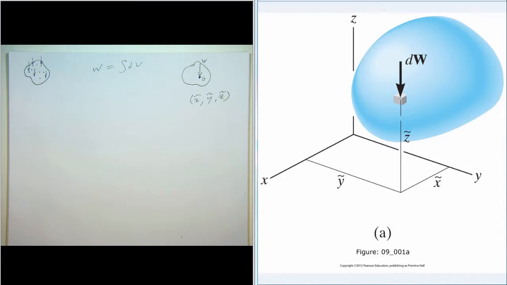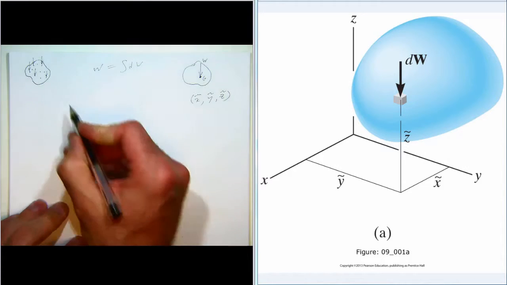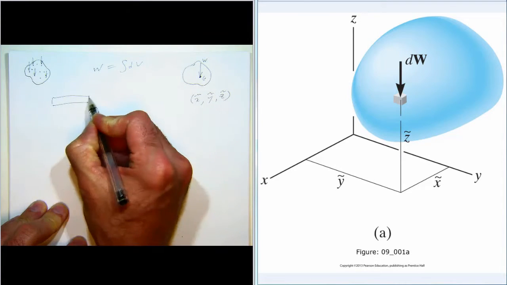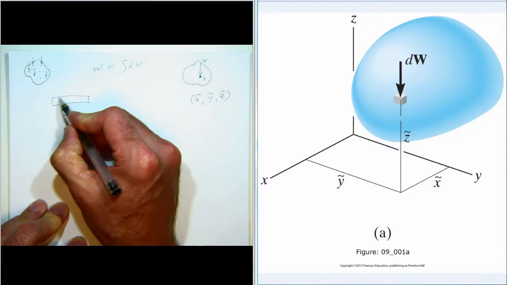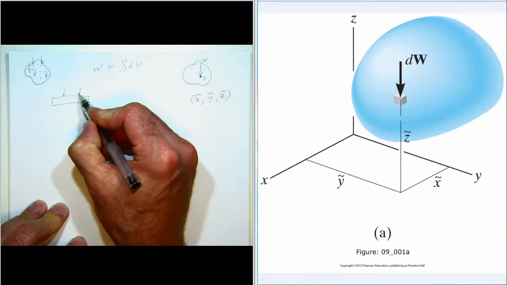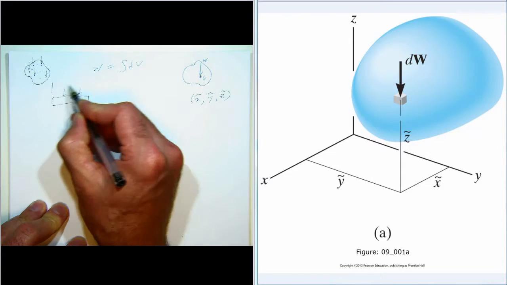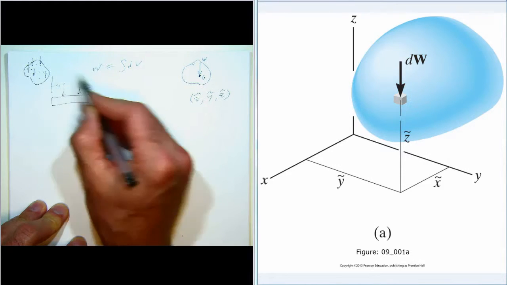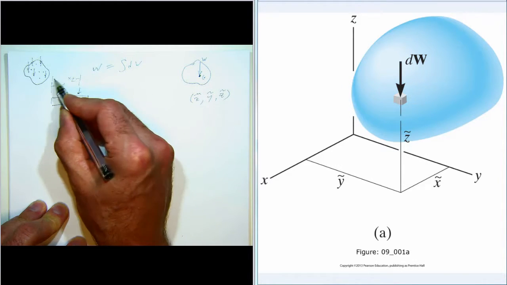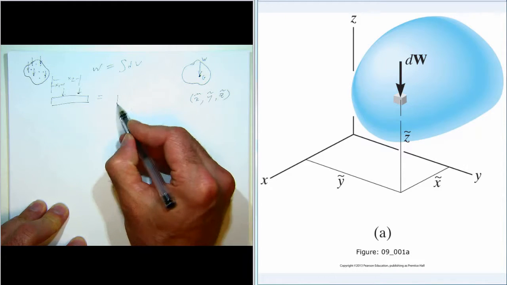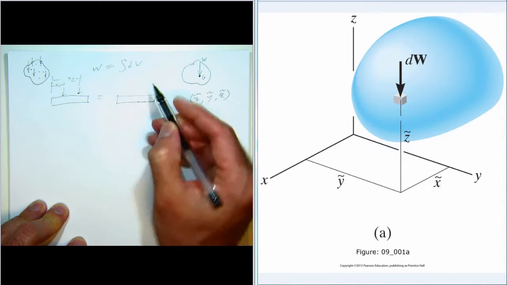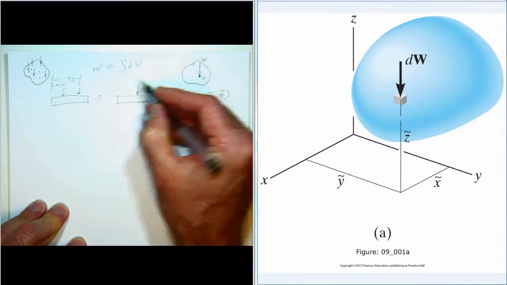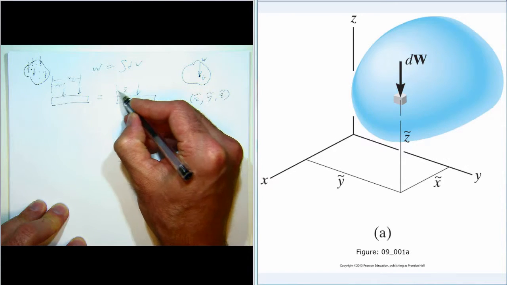Say we had these two forces at x1 and x2, and we wanted to describe an equivalent system where we just had one force acting at x bar.